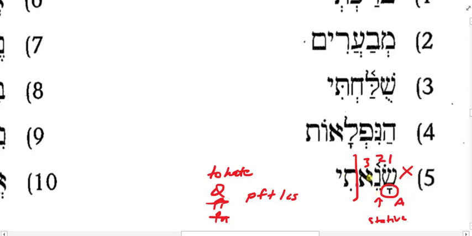And then because the aleph has quiesced, the sere actually is the vowel coming right up to the tav, and the dagesh lene goes out. Okay? So it's sanethi. So I'm going to translate this as I hate or I hated, because stative verbs in the perfect could be past or present depending on the context. So that's it there.